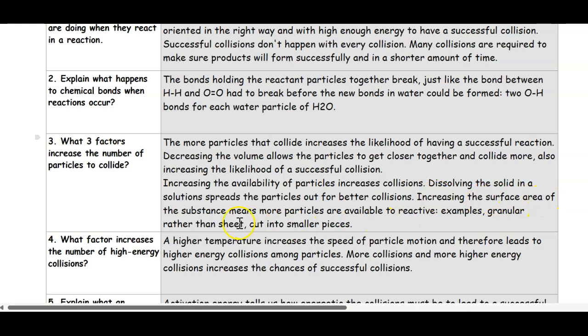Increasing the surface area of the substance means more particles are available to react. For example, granular rather than sheet, or cutting into smaller pieces. All right, we saw that there was better reaction with the metals when I made them more granular than when I had copper on sheets. So even if I had had copper in the granular form, it would not have reacted.